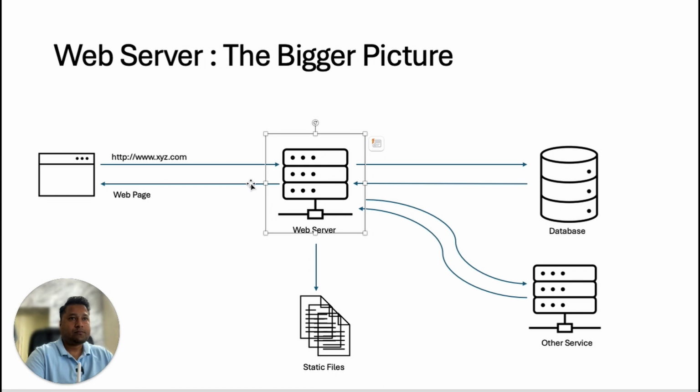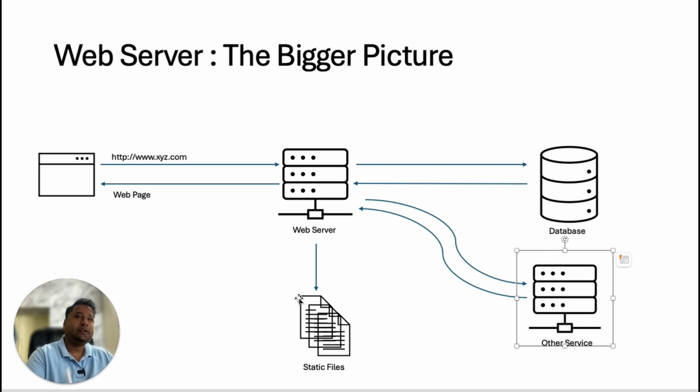Your web server can talk to your disk, where it might have static files, or as part of the incoming request, it can talk to your database and to some other external service. And then it may generate the static content, or it can generate the dynamic content.